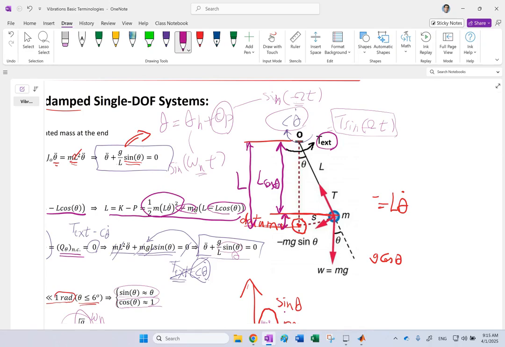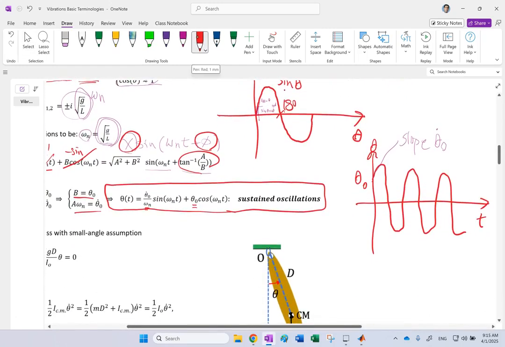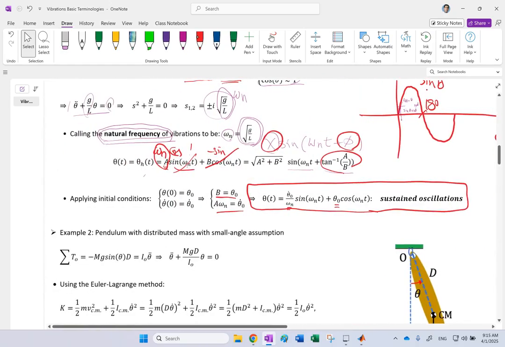So we're going to see all of that. But remember that in this case, we assume no torque, no damping, so the system shows sustained oscillation. This is very theoretical, but that's the solution.